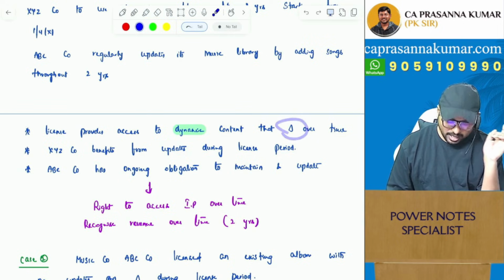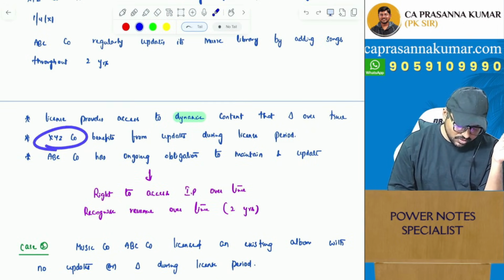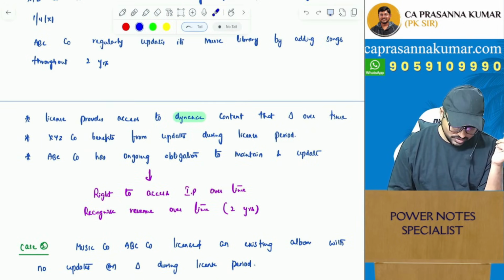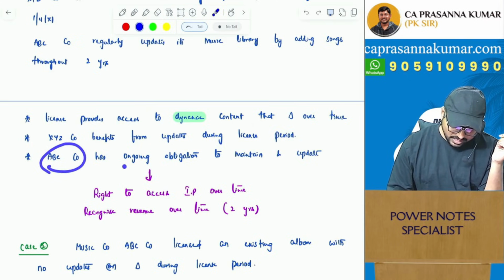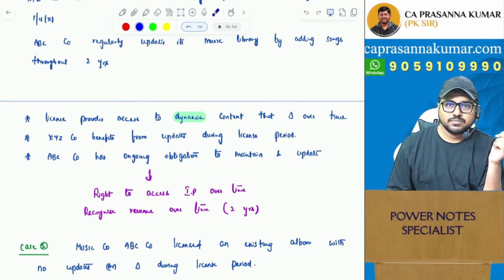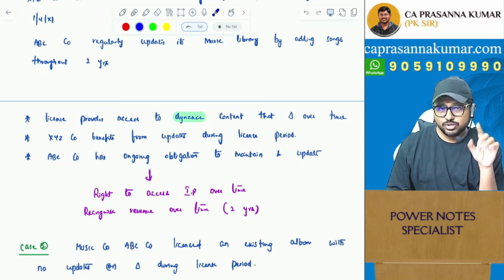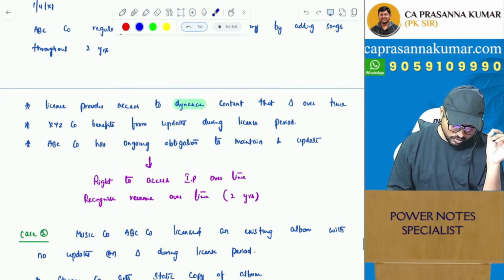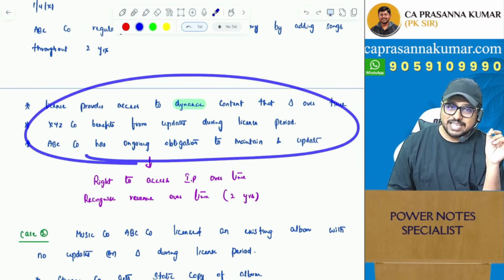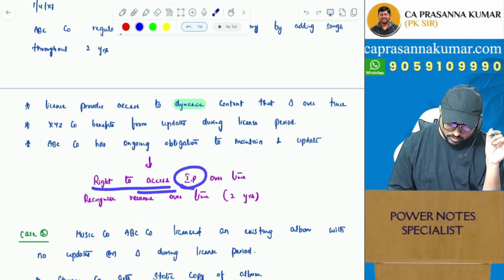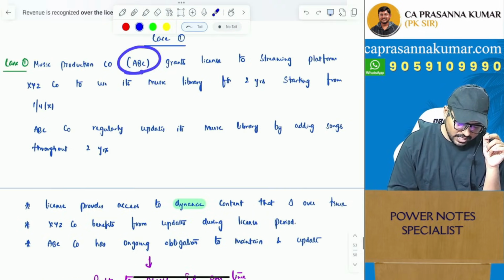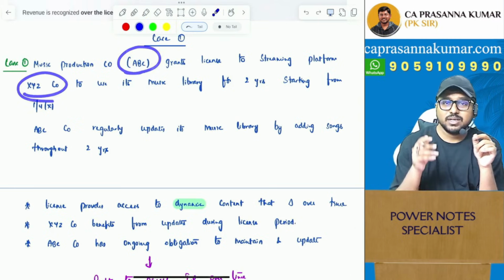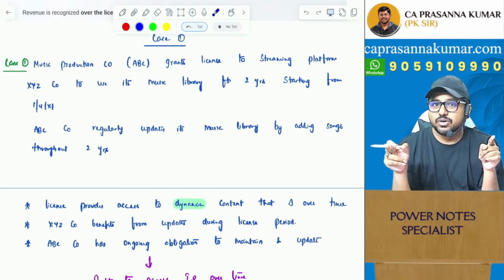Now, this XYZ company, which has purchased the license, benefits from updates during the license period, obviously. ABC company has an ongoing obligation to maintain and update for the 2 years for which you have sold your license. So, this is a perfect example of right to access intellectual property over time, because the service being provided by ABC company to XYZ company is going to be over a period of time.